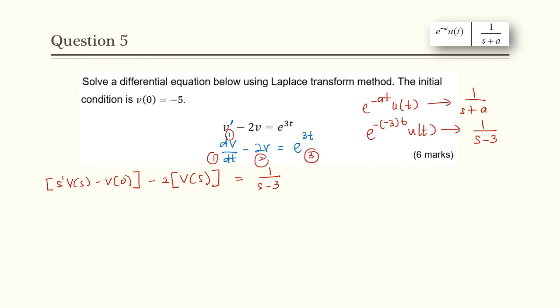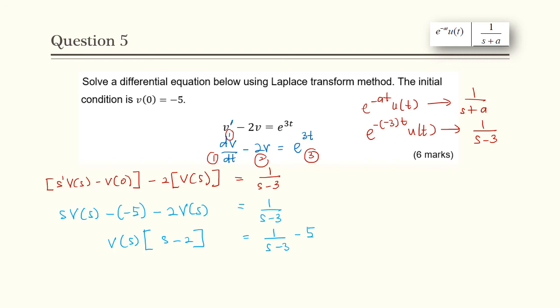Okay, so next step. Replace v0 equal to negative 5. So in this case, sVs minus v0 is negative 5, minus 2Vs equal to 1 over s minus 3. So now you need to get the equation for Vs. So Vs in the bracket s minus 2 equal to 1 over s minus 3 minus 5.